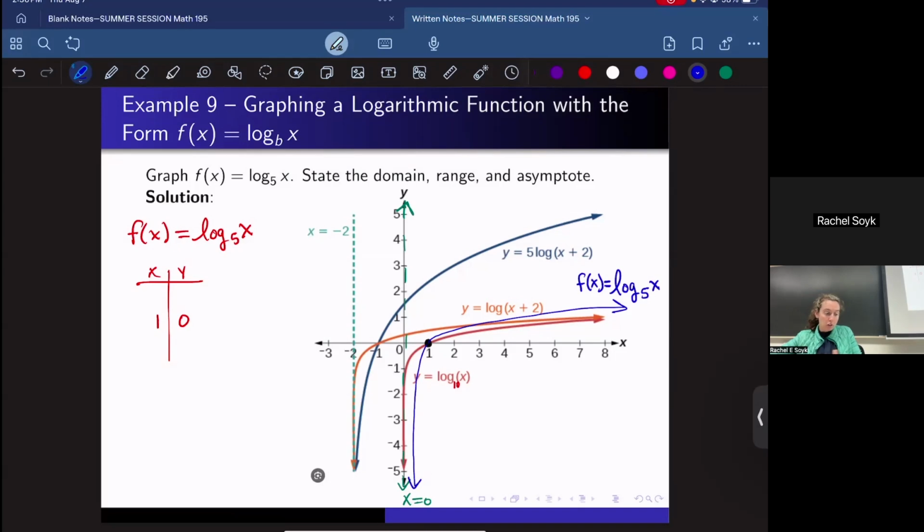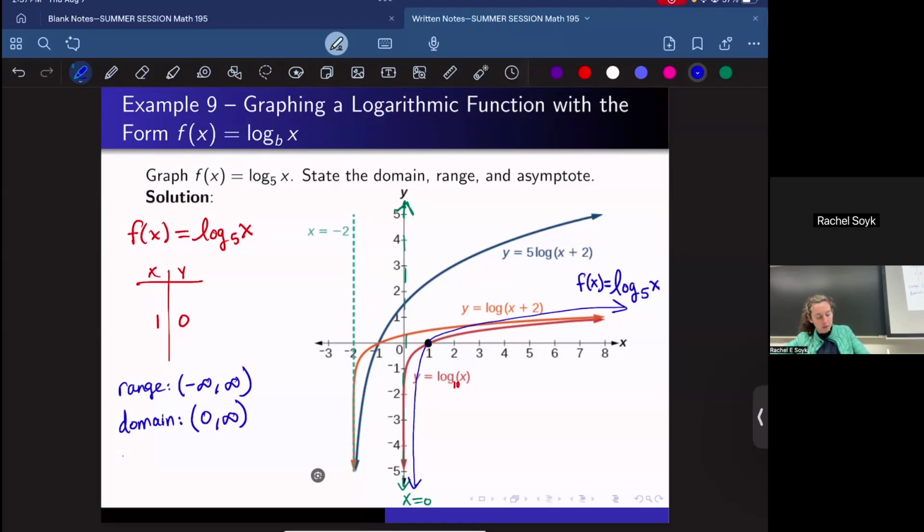Again, your range in this case has no restrictions now. It's just negative infinity to infinity. But your domain is what? Yeah, exactly. Good.